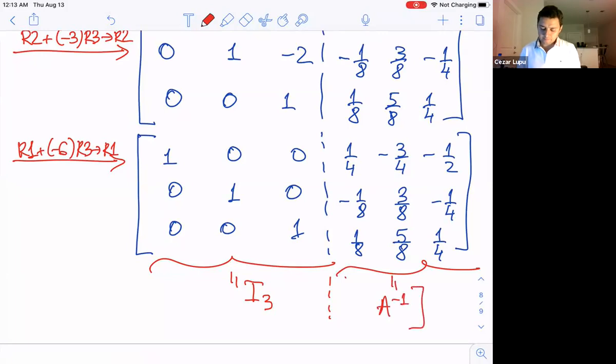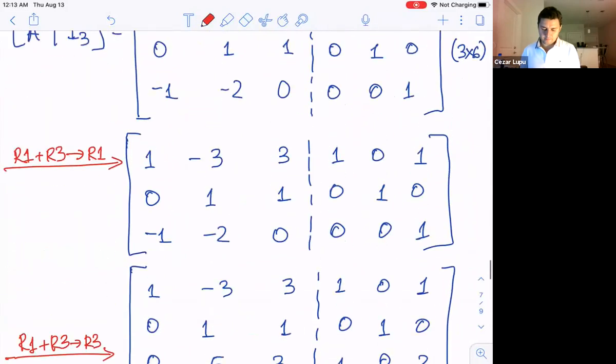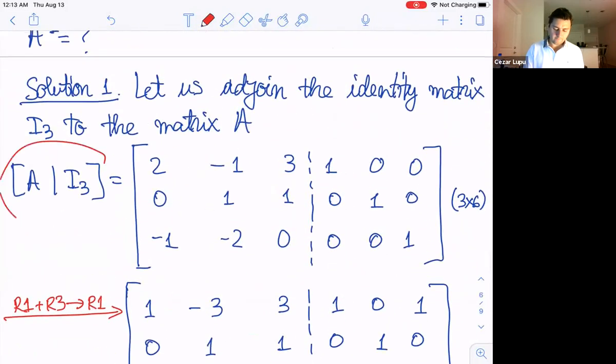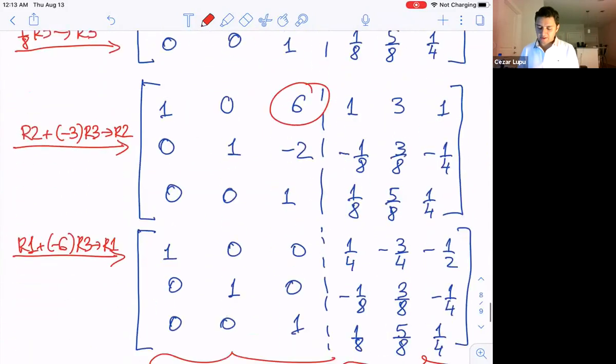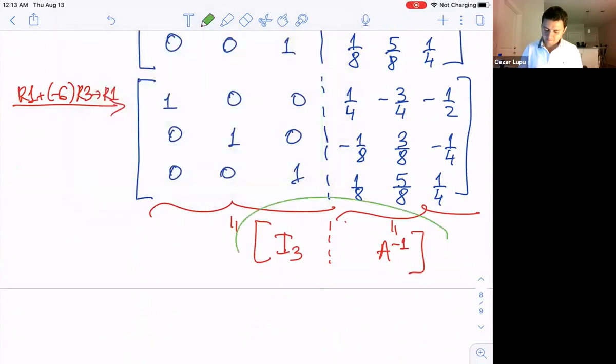So as you can see, we started doing elementary operations. We started with this here, well, and we ended up with this. Well, clearly, this guy here will identify as the inverse of a matrix.